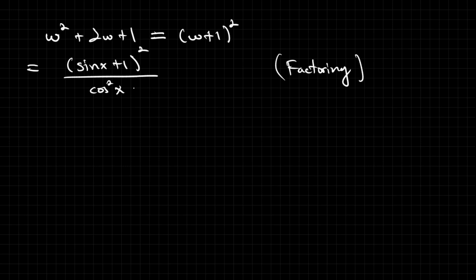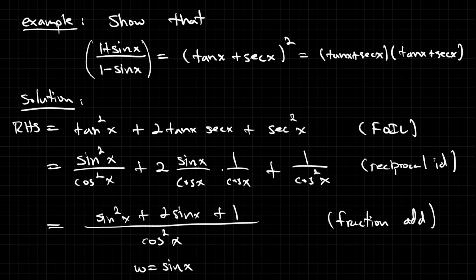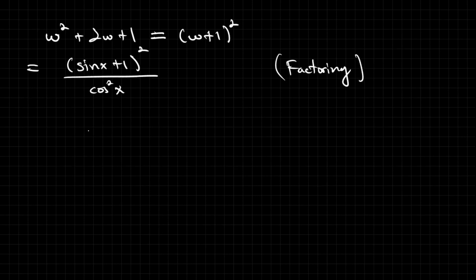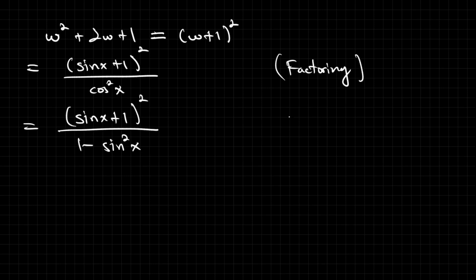But this denominator is cosine squared x, and that's discouraging because I want something that looks like sine x in the denominator. But I can easily introduce sine x into the denominator by using the Pythagorean identity. So this is 1 minus sin squared x. So this is Pythagorean.